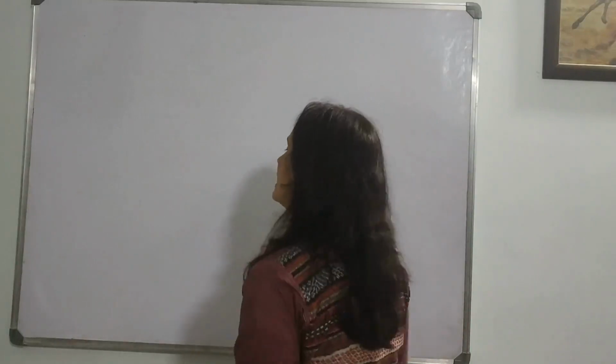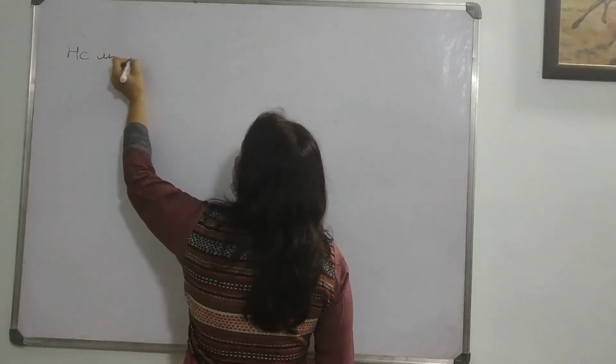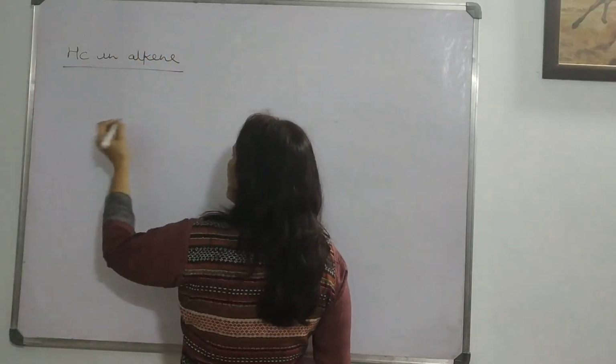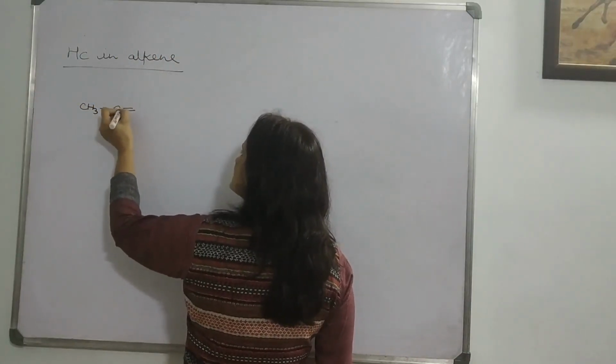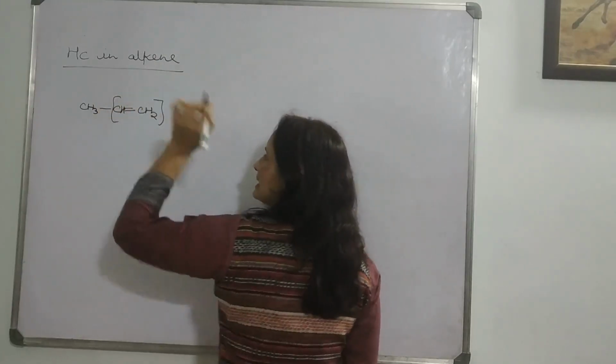So let's take hyperconjugation in alkene. For example, let's suppose we have this system. This is our alkene system.